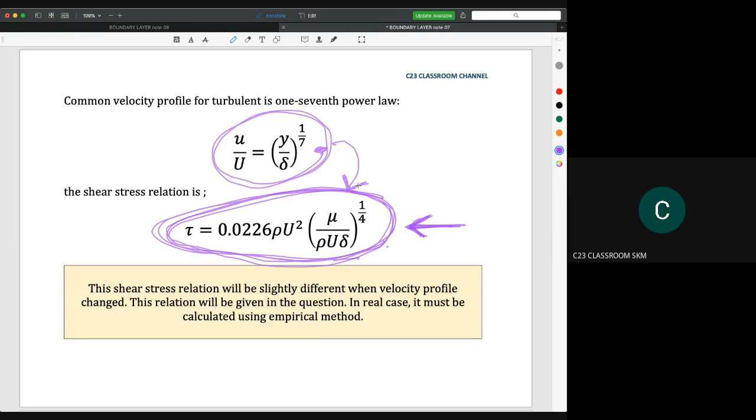But for the power of 1 over 8 and 1 over 9, the value of shear stress may be different. So it is worth for you to remember this one, but please make sure that you use the given shear stress. Sometimes we will give you 0.0224 or 0.0221, depending on the velocity profile.